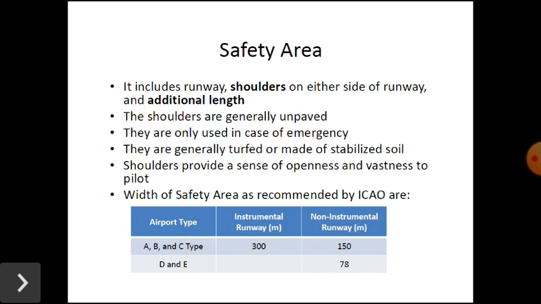ICAO recommended the width of safety area for type A, B and C airports as 300 meter for instrument runway and 150 meter for non-instrument runway. For type D and E airports, the width of the safety area will be 78 meter for non-instrument runway.